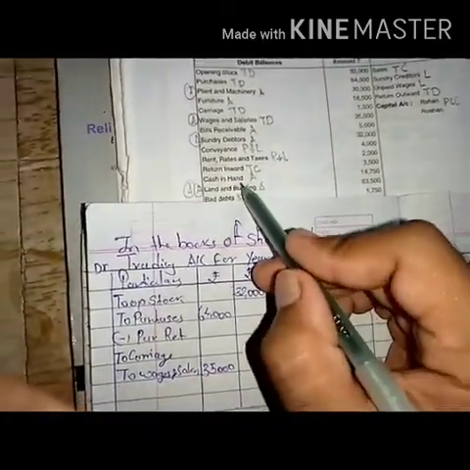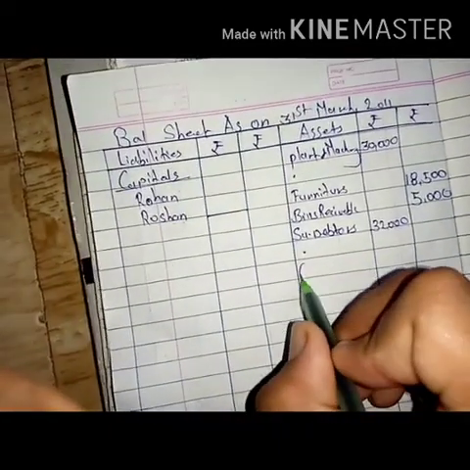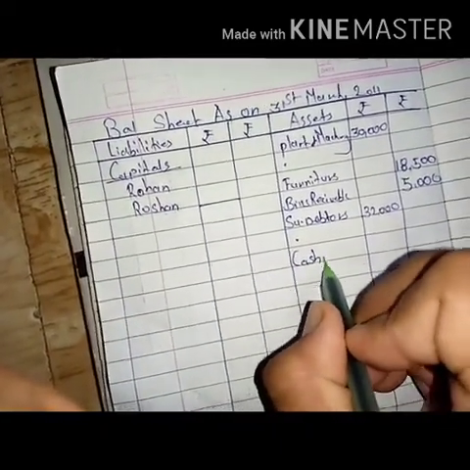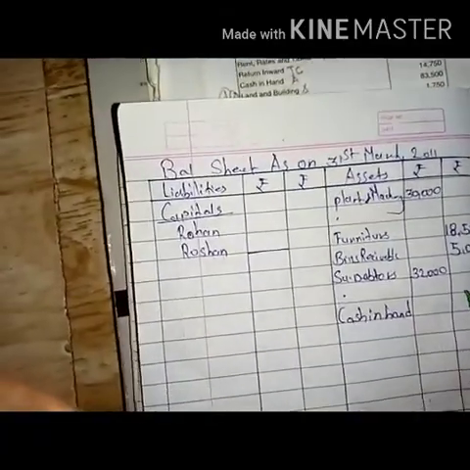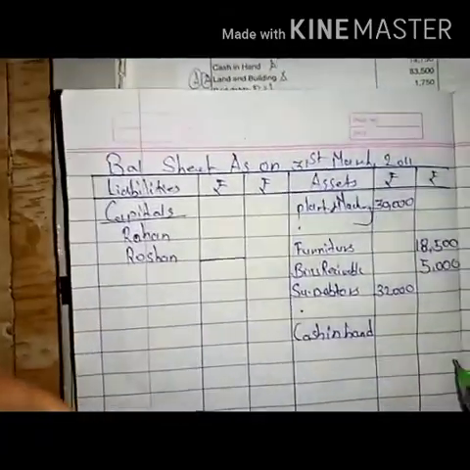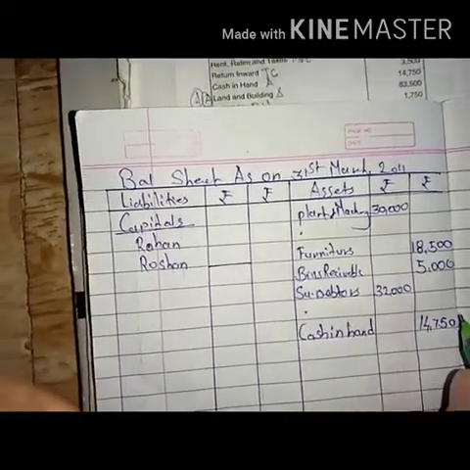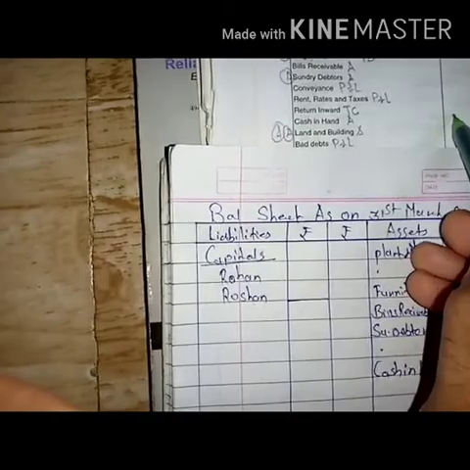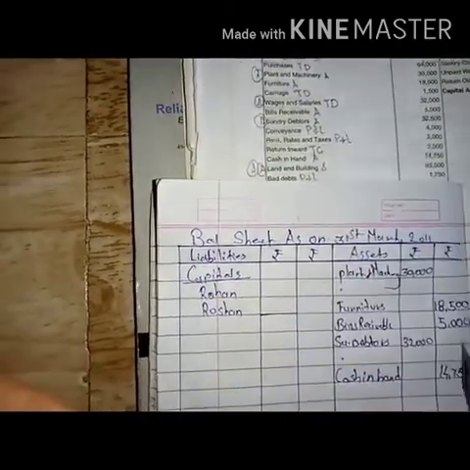Next, cash in hand, assets. Cash in hand 14,750. Outer column because it doesn't have any adjustment. Next, land and building.